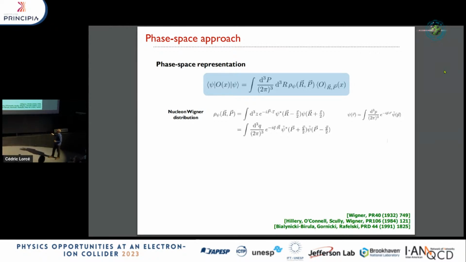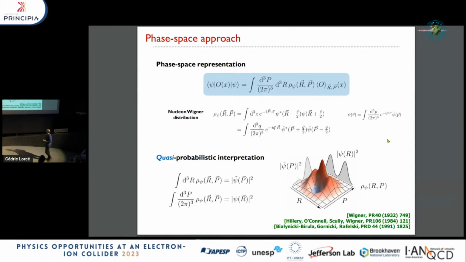In the phase-space picture, your matrix element can be represented as a phase-space overlap, an integral of a phase-space density that we call a Wigner distribution, which contains all the information about the wave packet, and then a matrix element, which you can interpret as the internal distribution for a state that is localized in average position R and average momentum P. Of course, because of the Heisenberg uncertainty relation, you cannot have, in general, a probabilistic interpretation, but you have a notion of quasi-probabilistic interpretation. That's the best compromise you can have between a pure position space picture and a pure momentum space picture. The phase-space picture has both.